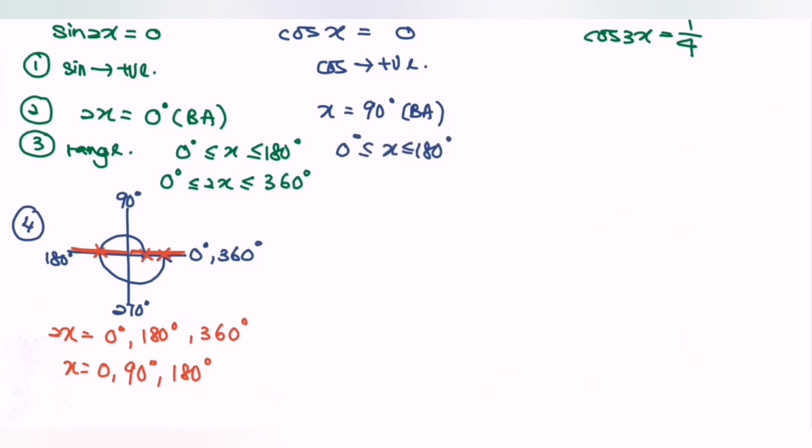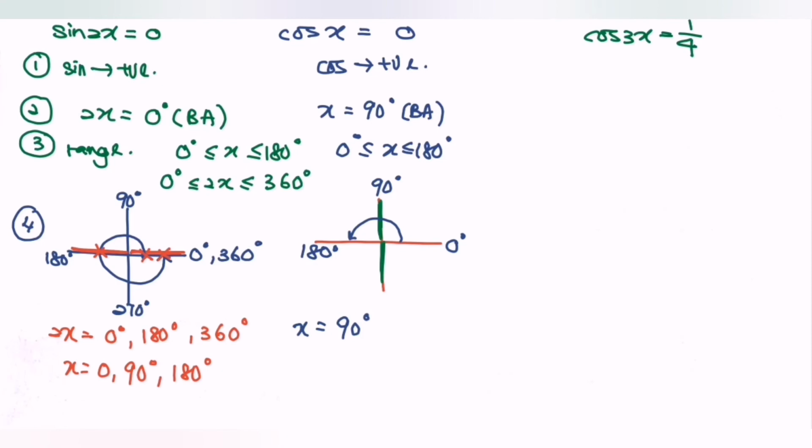Number 4, we must have the quadrant. So number 1 and number 4, and the basic angle would be 90. Next is about the rotation: here we have 0, here we have 90, and finally we have 180. So the answer would be x equals 90 degrees. That is the final answer for the second part.